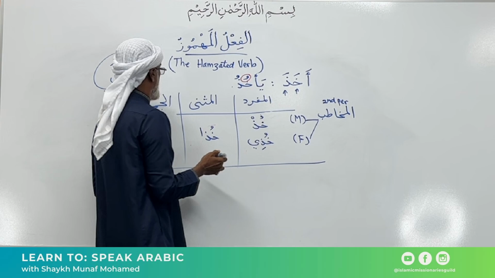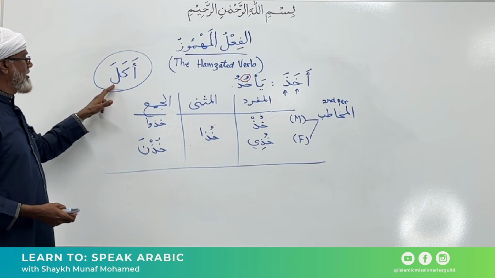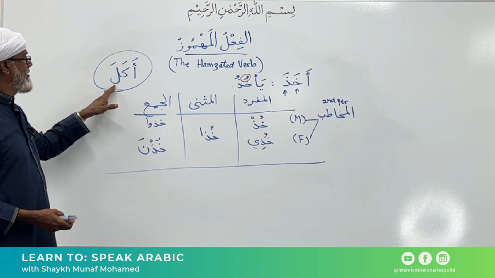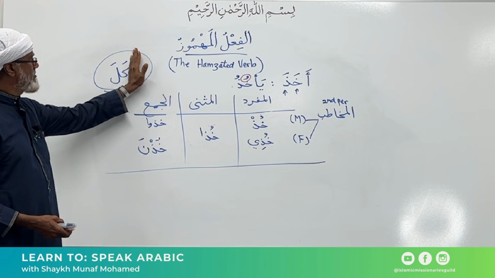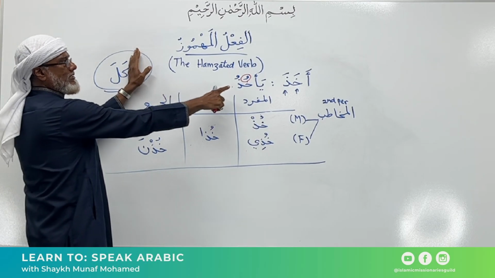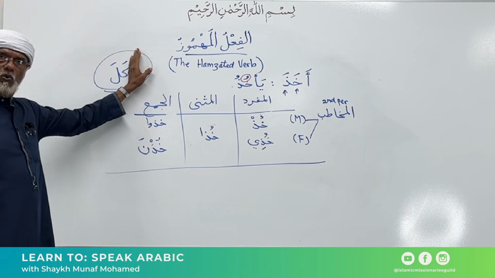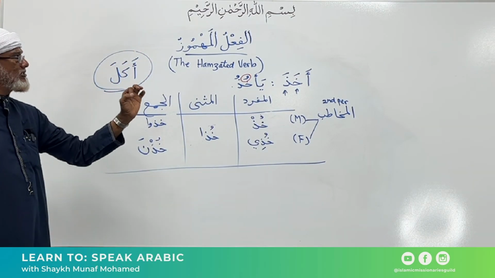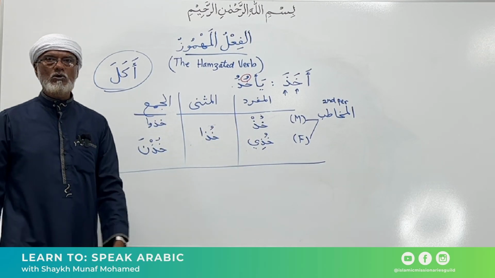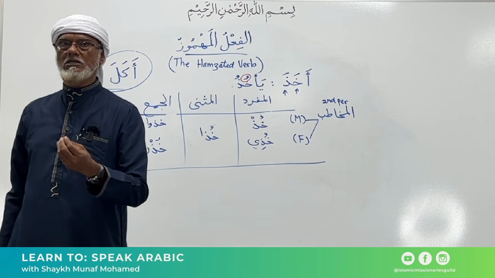All right? So if we follow the same pattern, we can do the same thing here. If we take away this, we change this to a dhamma because the imperfect tense had a dhamma. So that it becomes ku, and the last letter will take a sukoon. So kul. Kul means eat.